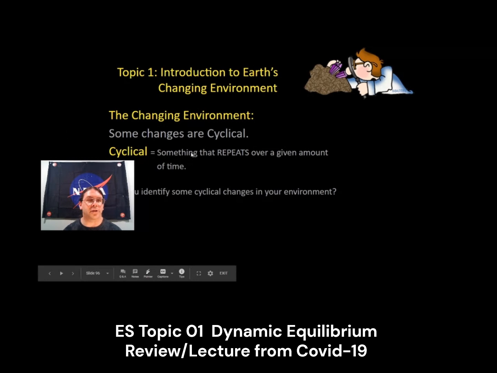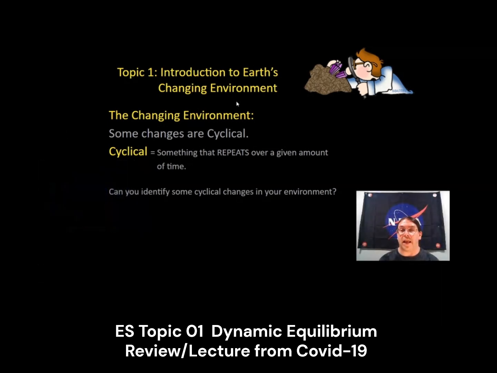A cyclical change is something that repeats itself. Something that follows a cycle is repeating or it repeats its performance. It repeats its function. That's a cyclical change. Sun rises, sun sets, sun rises again, it sets. That's cyclical. So sunrise and sunset is cyclical.